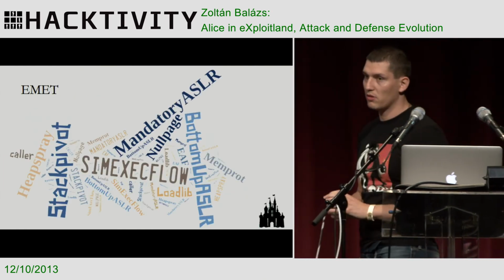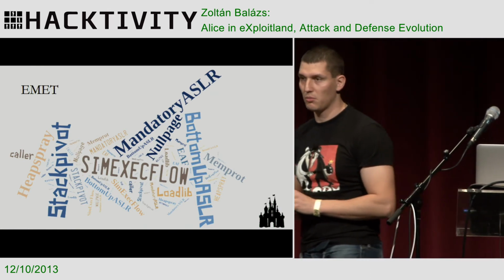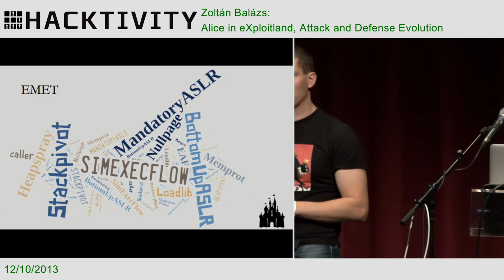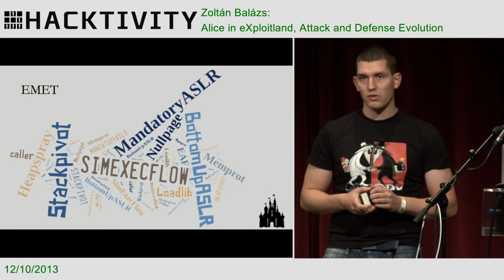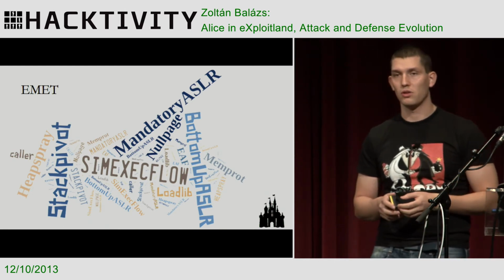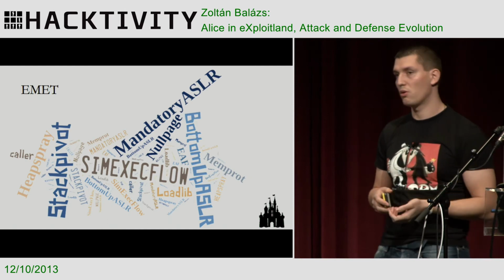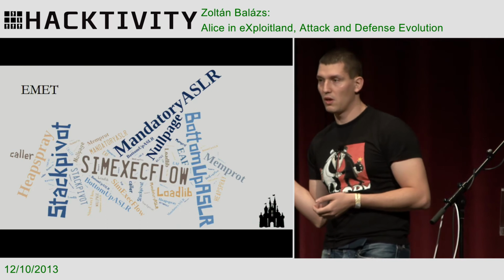And there is this great tool developed by Microsoft called EMET, Enhanced Mitigation Experience Toolkit. When Microsoft is thinking about new mitigation techniques they want to implement in their newer operating systems, they always put them first into EMET.